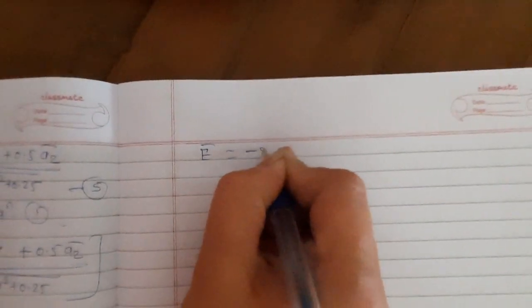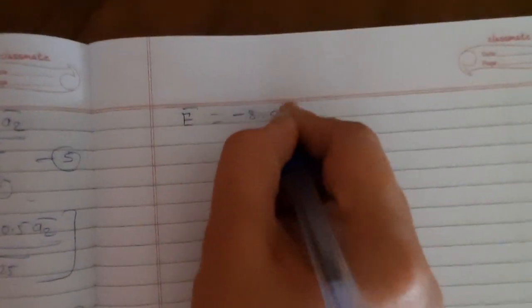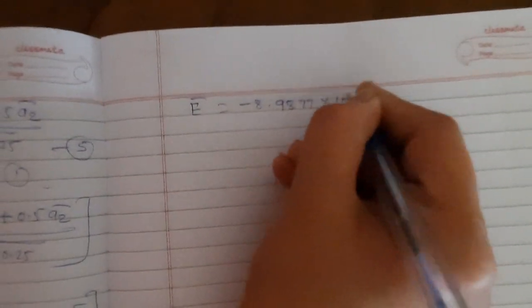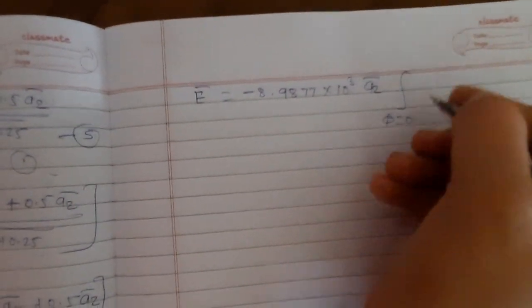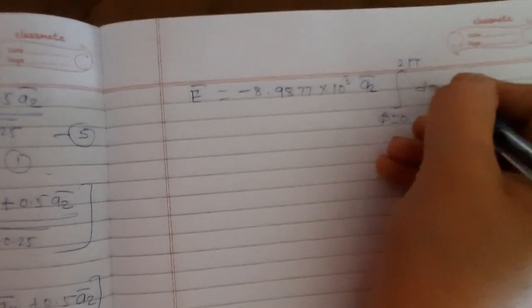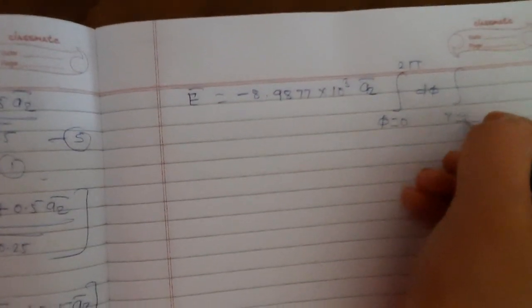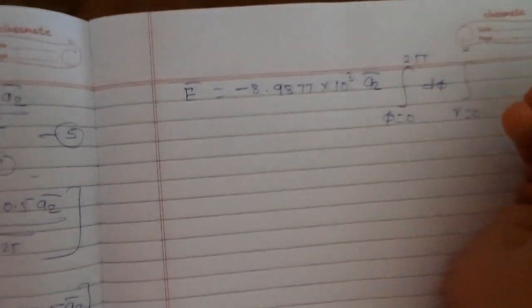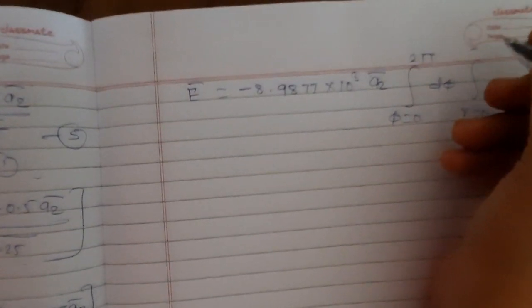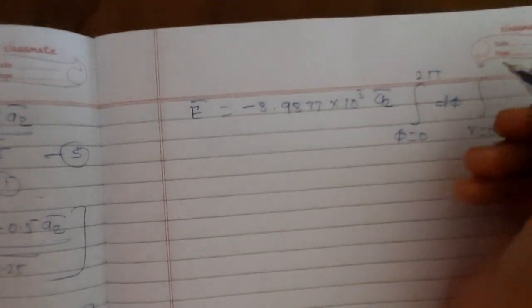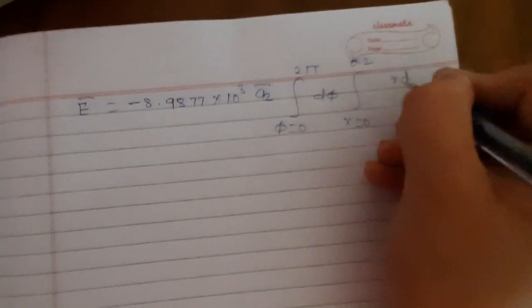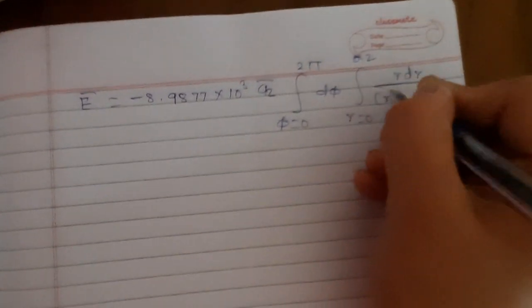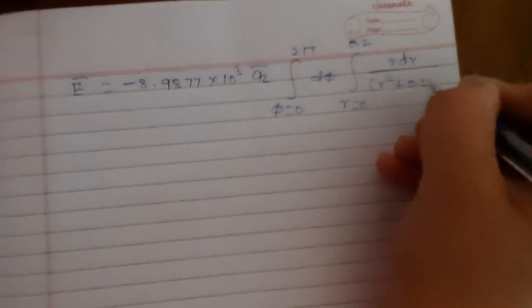So the equation will be E bar is equal to minus 8.9877 into 10 raised to 3. This is constant, so it is outside the integration. Phi goes from 0 to 2 pi d phi and r goes from 0 to 0.2, r dr divided by r square plus 0.25 to 3 by 2.